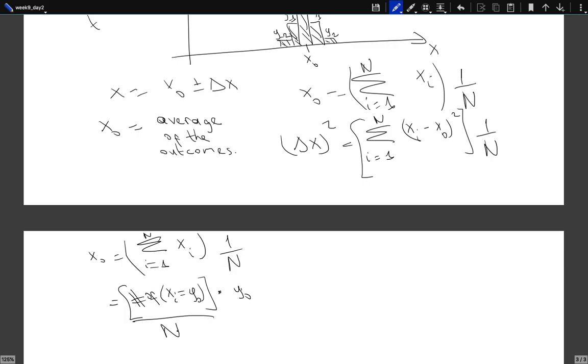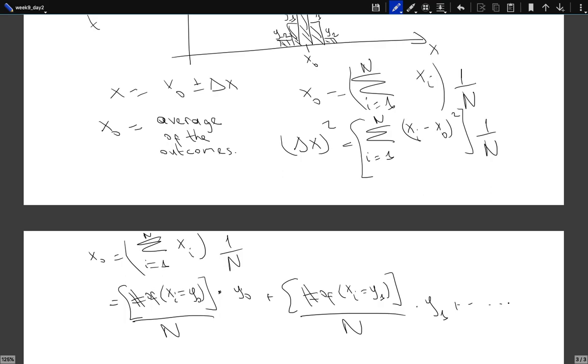Among these terms, there are many xi's equal to y0, so I just sum them up. It's just y0 times their number, and there is this 1 over n. Plus the number of times when xi gave me y1, divided by n, multiplied with y1, etc.